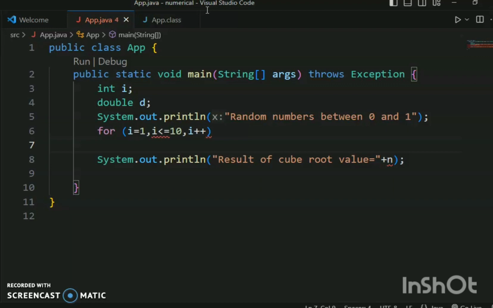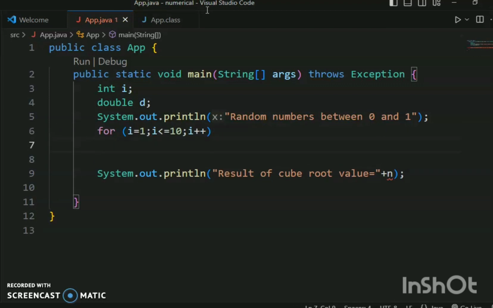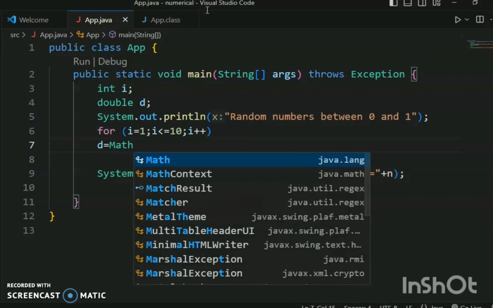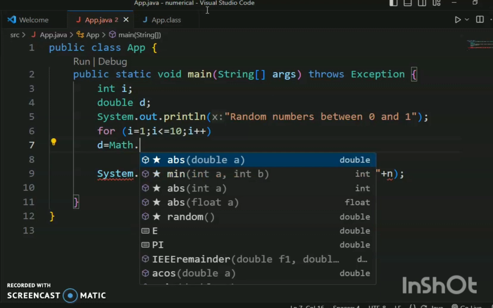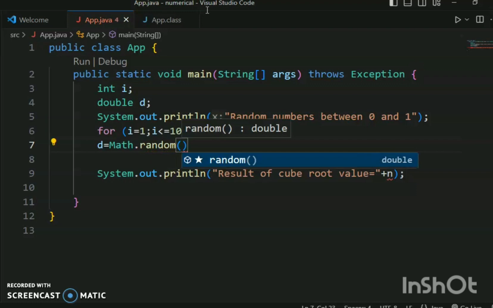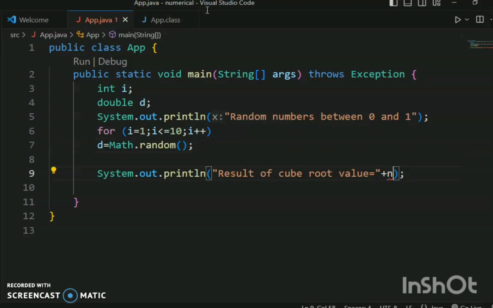Now next is, okay, here some errors. d equals capital Math dot random, Math.random, and System.out.println, println d.